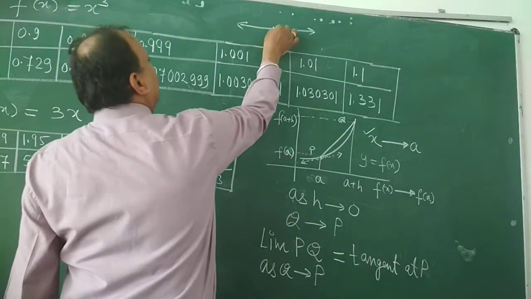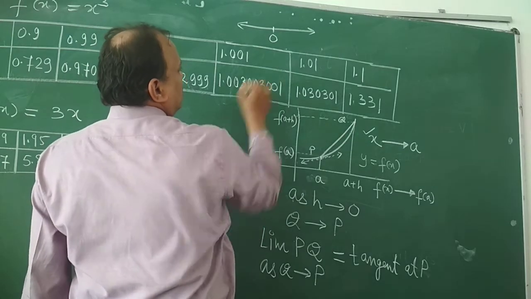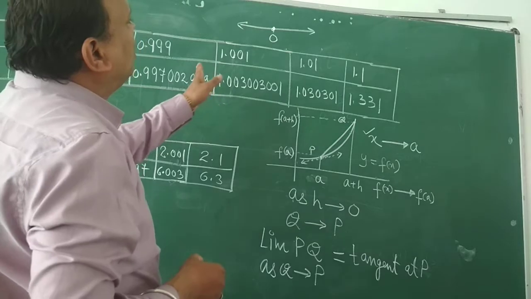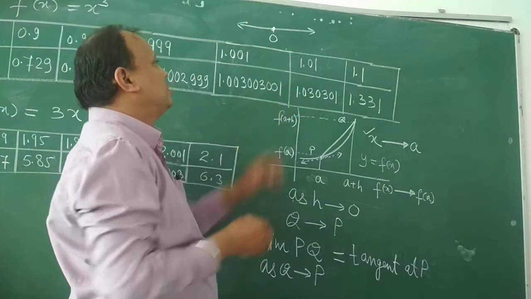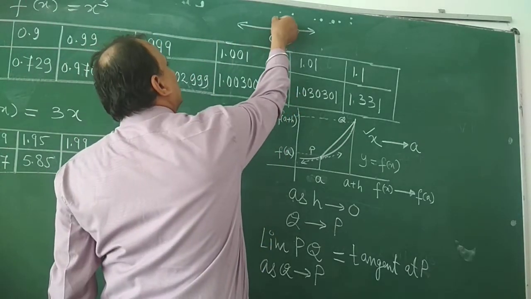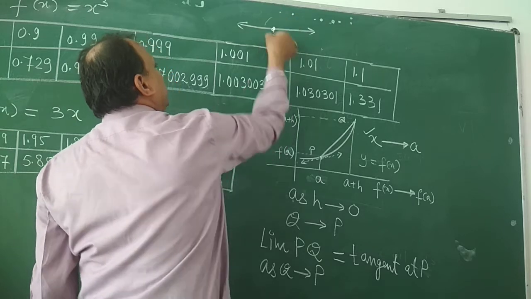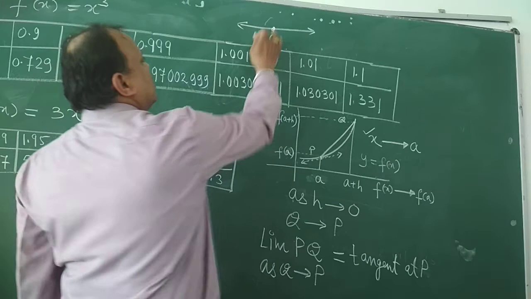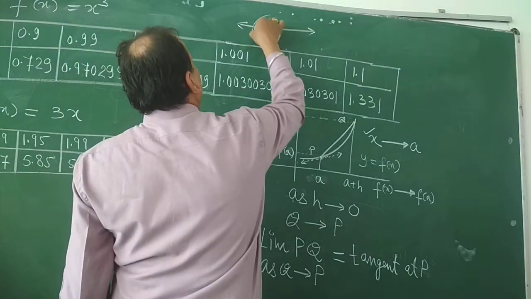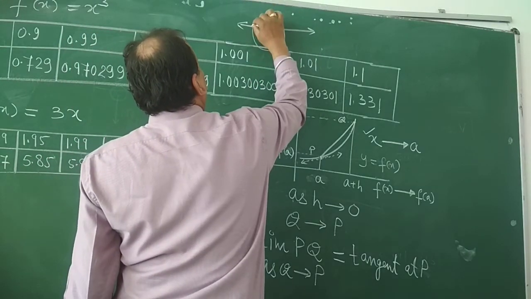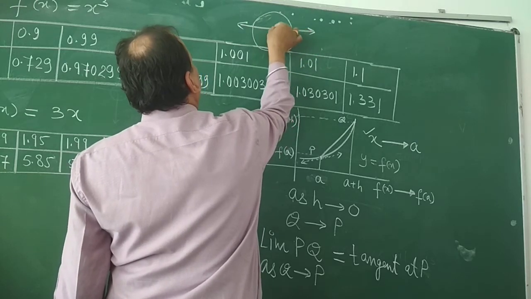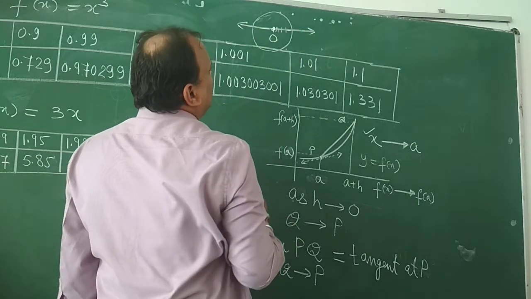What is the neighborhood of 0? Any number on the real number line has neighborhoods. If you draw a small circle of a very small radius, like this, then this part becomes the neighborhood of 0.